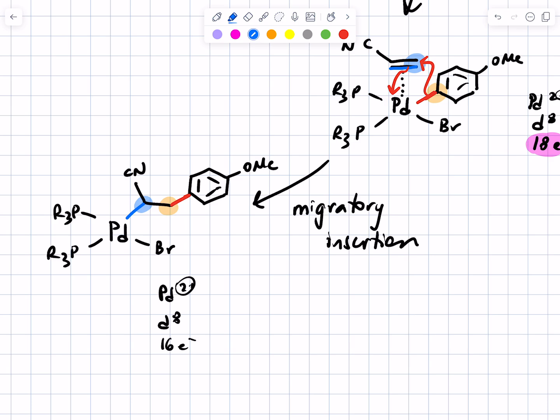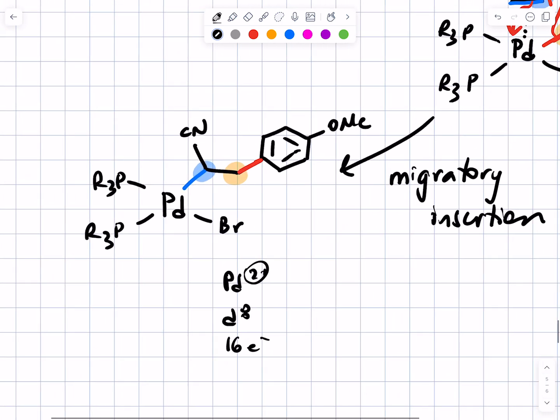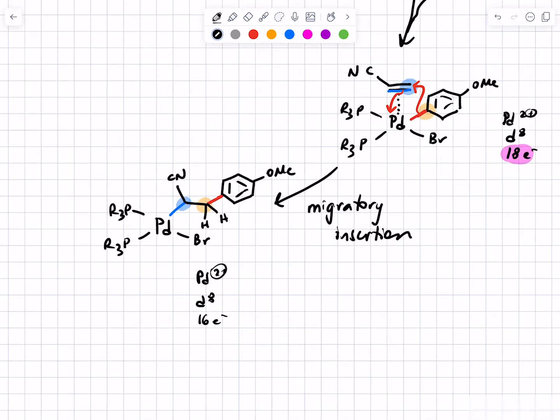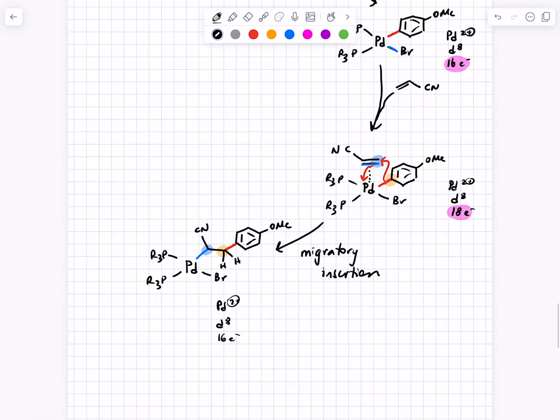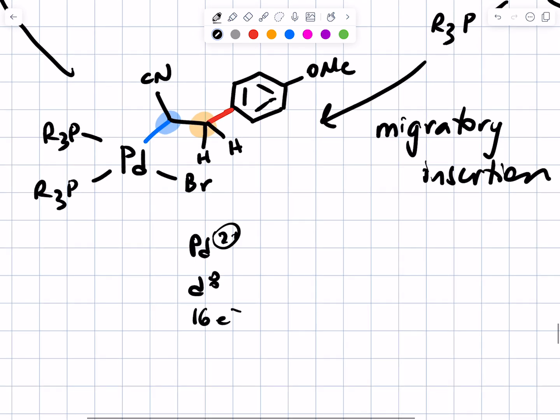So the last step, well, not quite the last step, almost the last step, is a unique one. And again, it's not one that I expect you to know about or recognize, but it's important for this reaction. This is called beta hydride elimination.